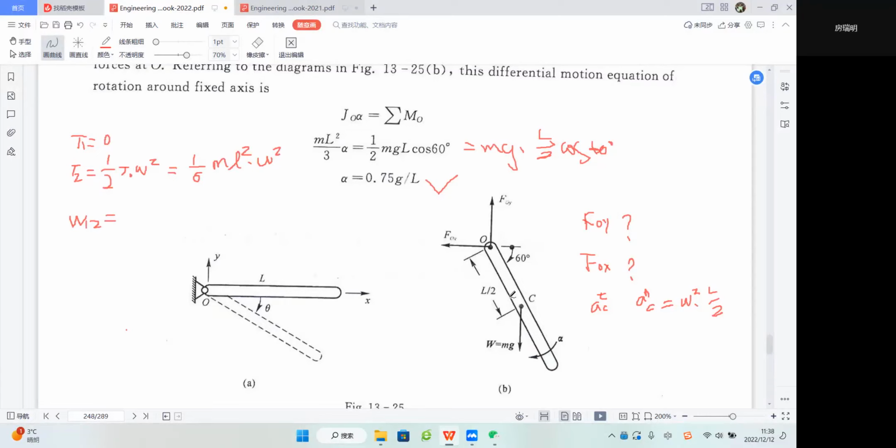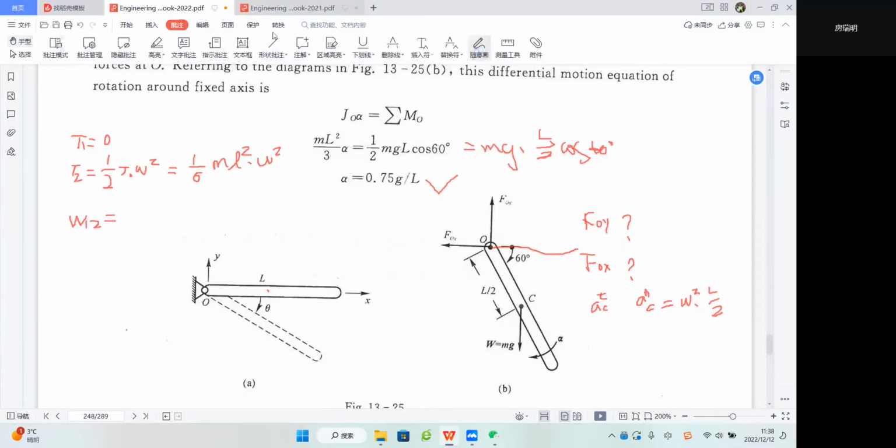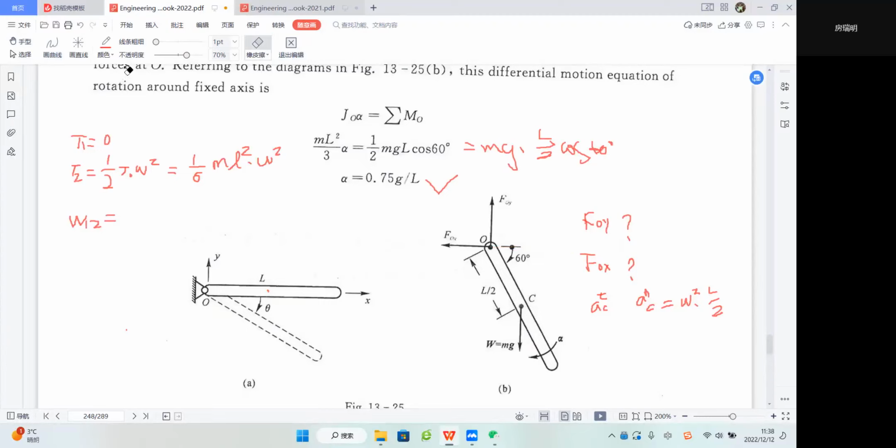Because it always moves along the vertical line, we need to find the positions.